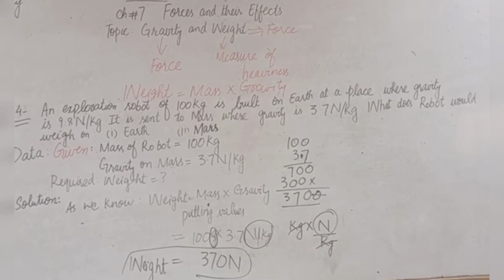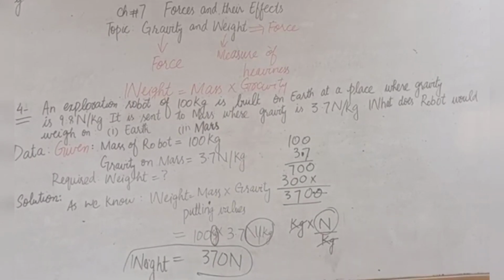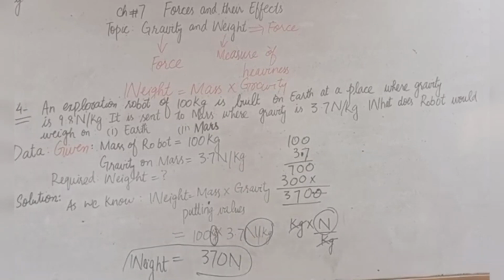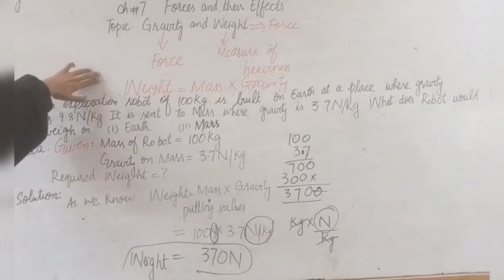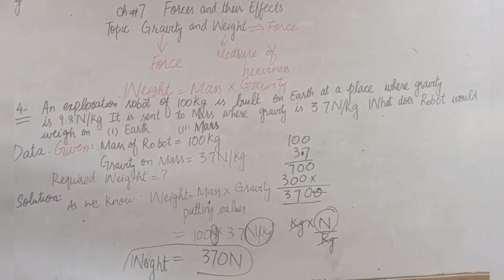By the same method we find the weight on other areas. We just have to know the relation, that weight is equal to mass into gravity. And we have done 4 questions. You have to practice these questions at home.